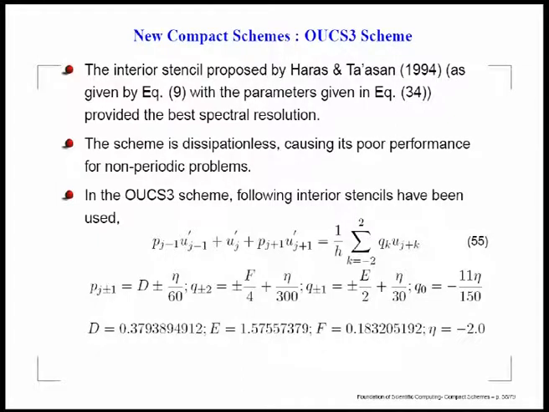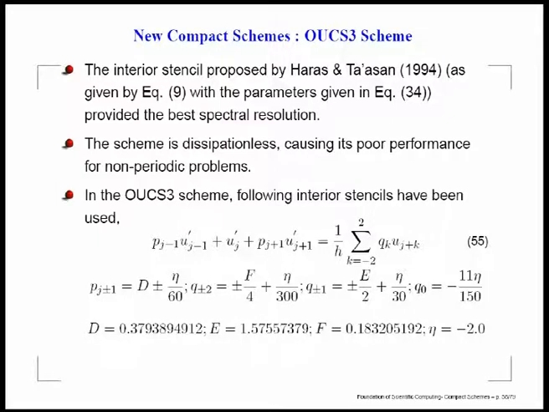If you look at this left hand side, Pj minus 1 and Pj plus 1, we have added an upwinding term, which is given by eta by 16. Okay. So these D, E and F are the values that are essentially given by Haras and Poisson. We did not change those, but we added a little bit of dissipation so that we can get some bit of upwinding both on the left hand side and right hand side.